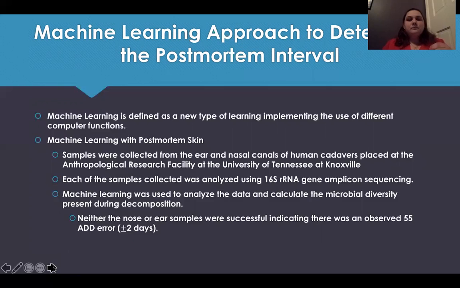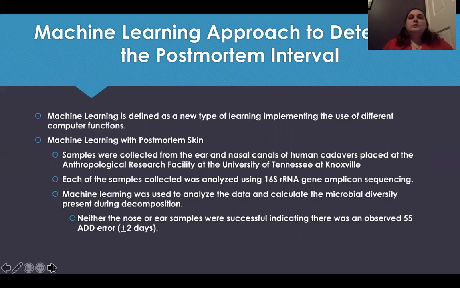So there were three, I believe, machine learning approaches. This one is with the postmortem skin, and they looked at the nose and ear microbes. They collected the samples and did the 16S rRNA sequencing on them. When they placed it into machine learning, it was able to calculate the microbial diversity and analyze the data that they obtained from these samples.